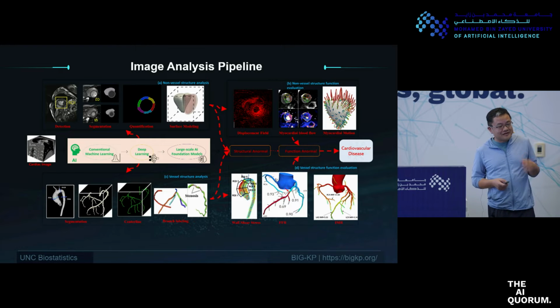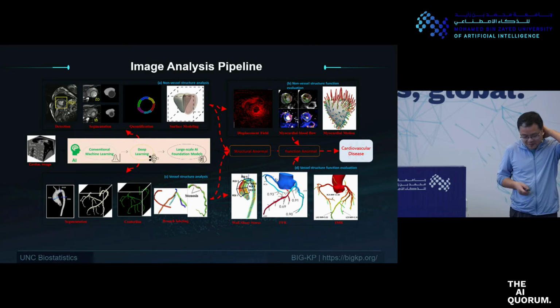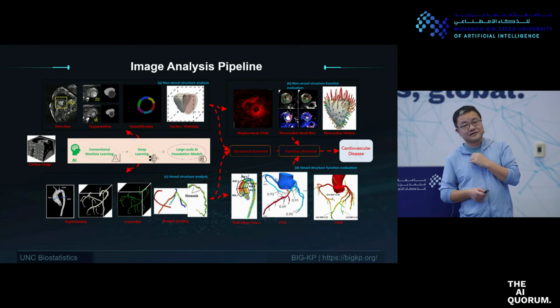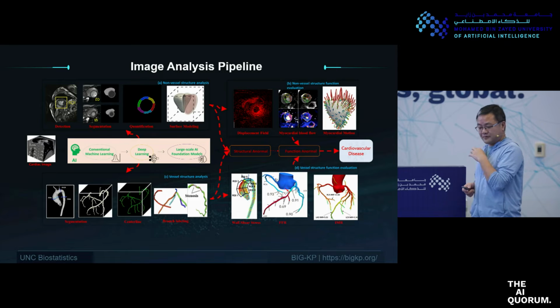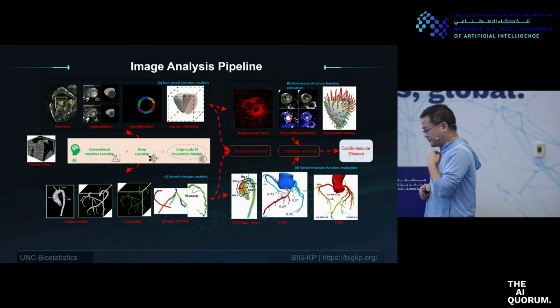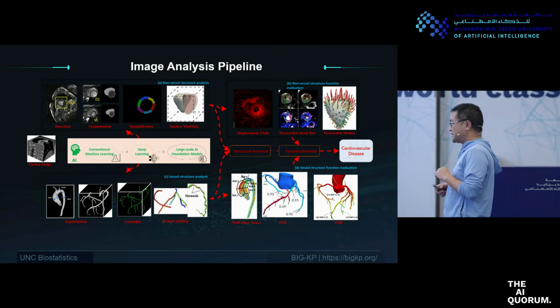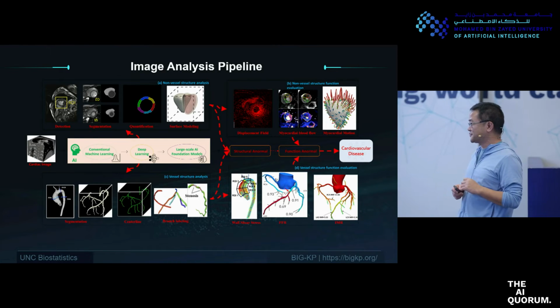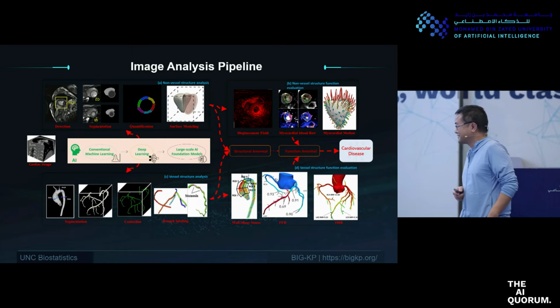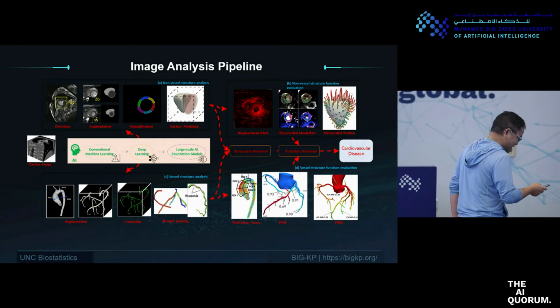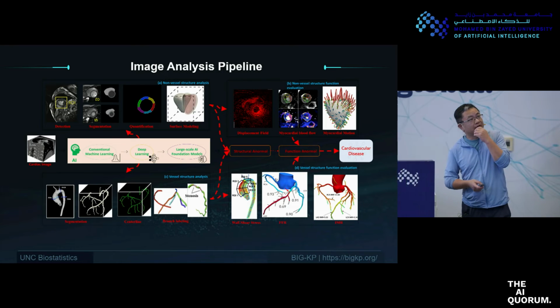And one concrete project we're working on is refining the existing imaging analysis pipelines. I don't have enough resources to refine all these pipelines, but for some of them I can do it because I have good collaborators. I'm not working independently, okay? I have a lot of collaborators in different fields.